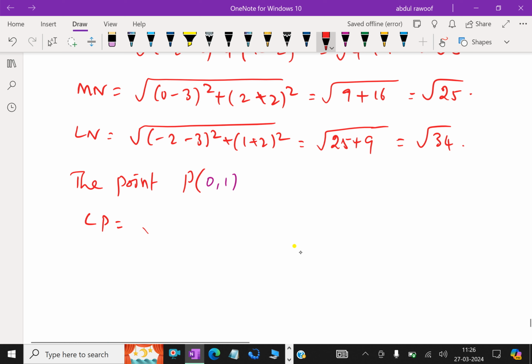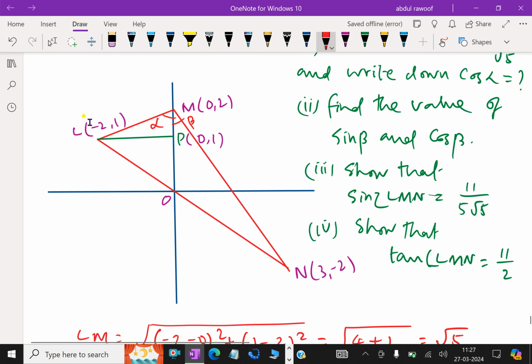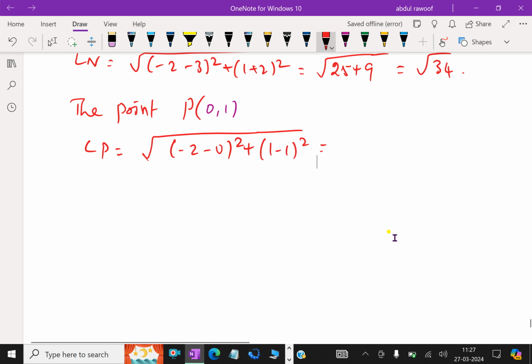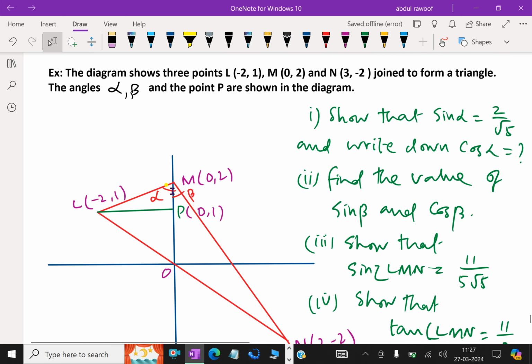Now LP by the distance formula is the square root of minus 2 minus 0, the square, plus 1 minus 1, the square, which is the square root of 4, because 1 minus 1 is 0. Now let us find sine alpha. Sine alpha equals opposite by hypotenuse.